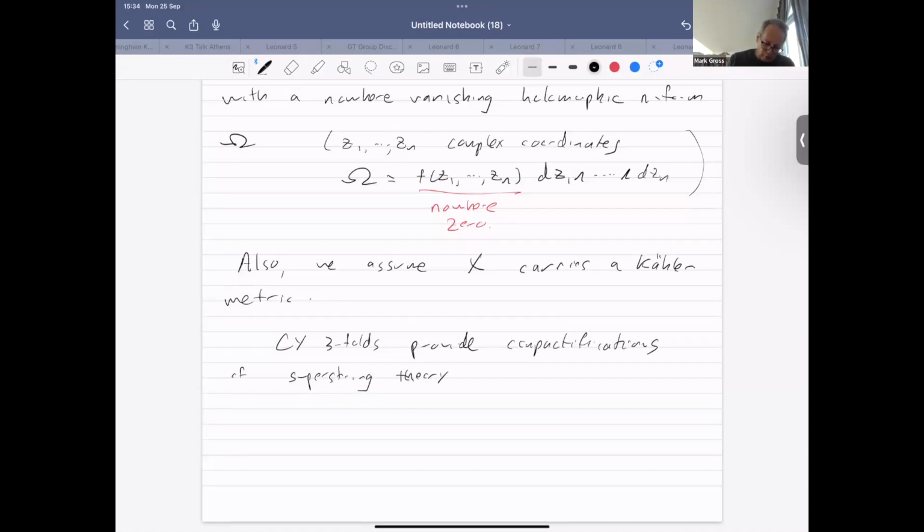Instead of working with, say, the space-time, which is 10-dimensional with signature (1,9), you can work with ordinary Minkowski spacetime, 4-dimensional spacetime, cross a real 6-dimensional Calabi-Yau threefold. Now, I emphasize I'm not a physicist, so I think this is the limit of the physics I'm going to actually say in these talks.